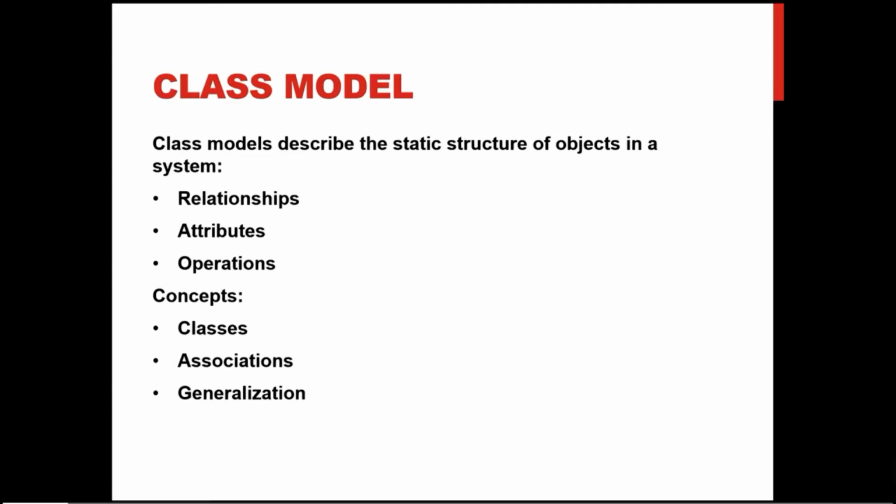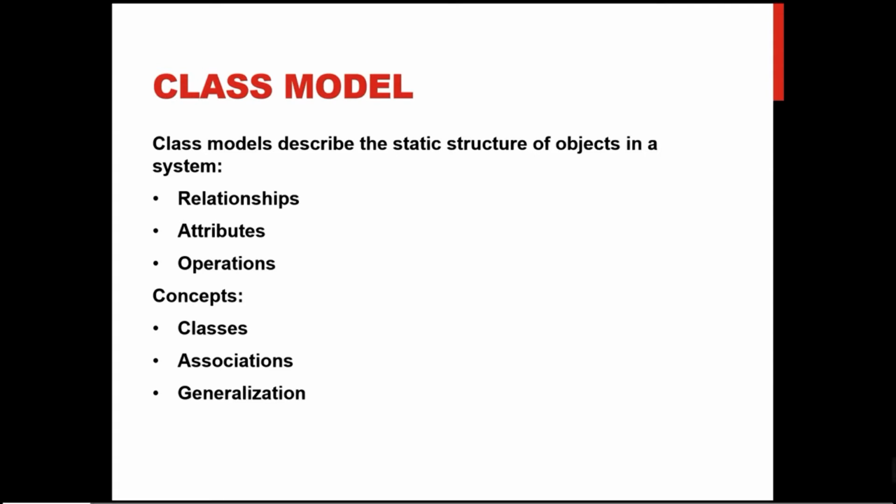First, the class model describes the static structure of objects in the system. It describes the attributes and operations of objects, and in the class model, there are classes, associations, and generalization.